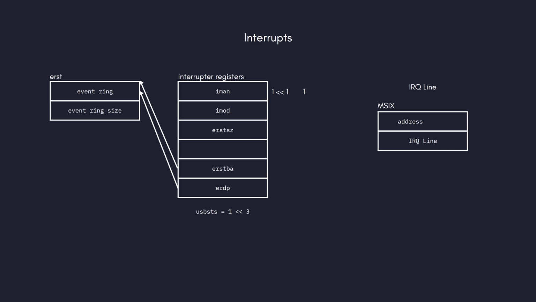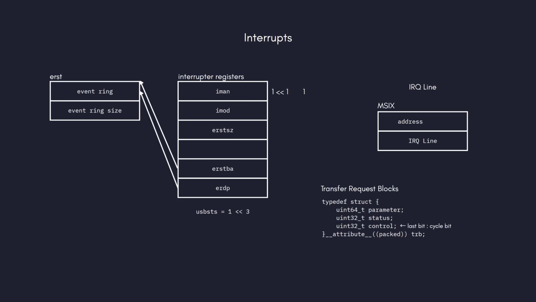And finally, before we move on, I want to talk about the structure that we use in order to send commands and receive events, and that is the transfer request block, or TRB. Now, the transfer request block looks like this, although technically the control changes depending on which type of transfer request block you're sending, because this changes depending on whether you're sending a command, whether you're reading an event, or even if you're sending a command directly to a device or to an endpoint. So there's different types of TRBs, but they all follow this generic structure.